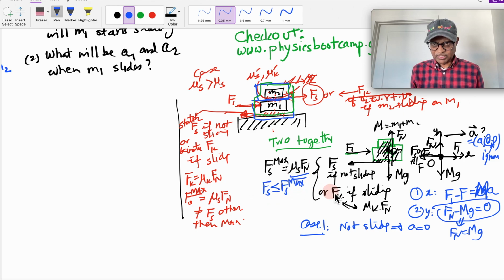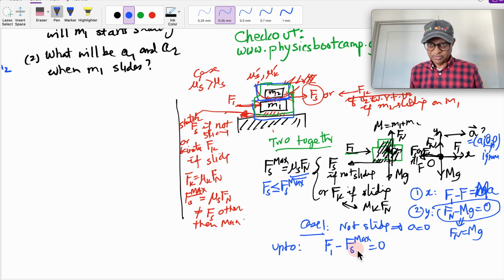So I might not be able to write it like that. Not sliding up to this point, Fs max, this maximum thing.